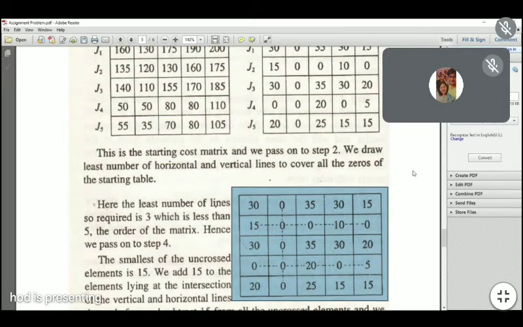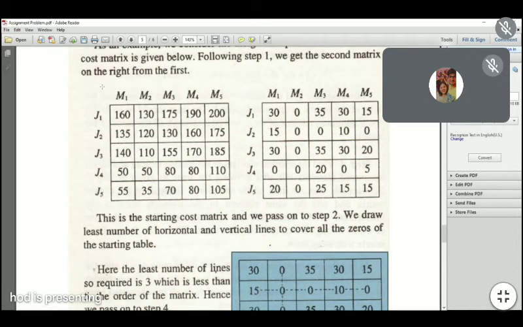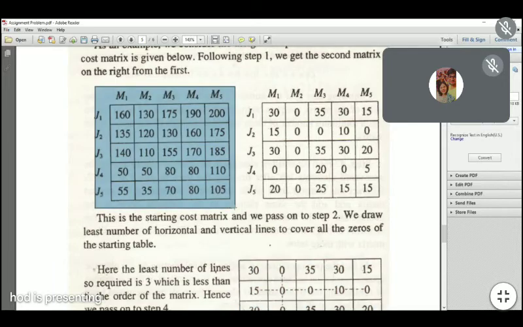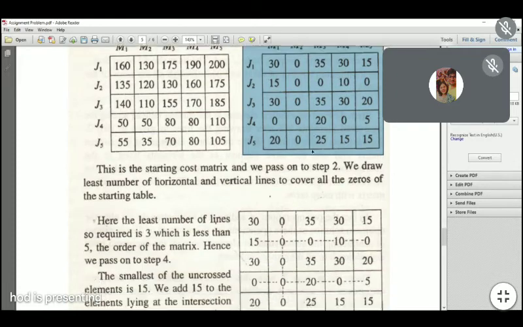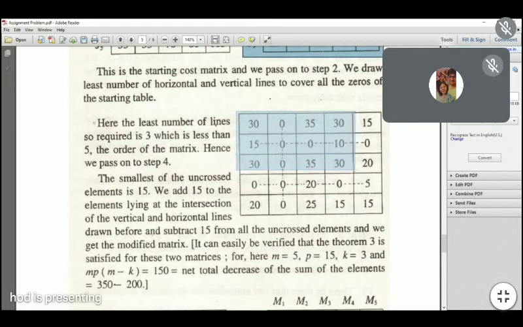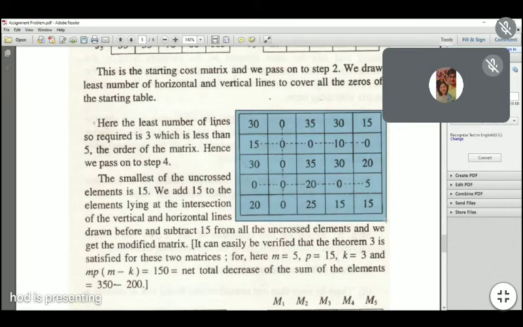By the way, to clarify, this is the given matrix. After that, you do this row operation and you get this matrix. On this highlighted matrix do the column operation, don't do it on the original matrix. So do the column operation on this matrix, and you will get this, which is called the starting matrix.